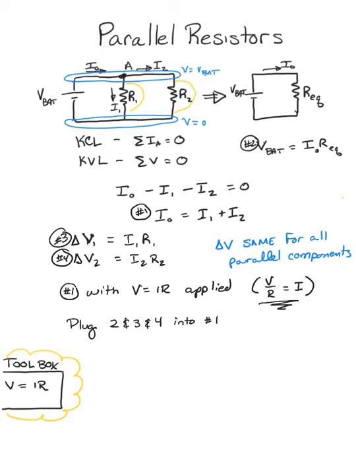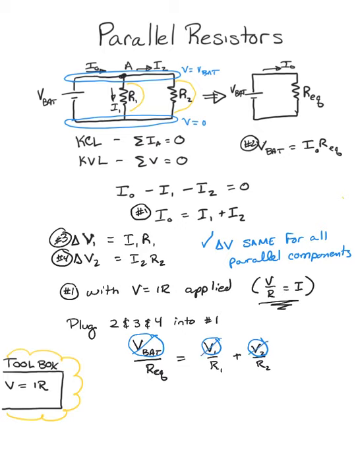So doing that, what I'm going to have is V of the battery divided by R equivalent equals V1 over R1 plus V2 over R2. And remembering that these are all the same value because of that fact, then basically they'll divide out.